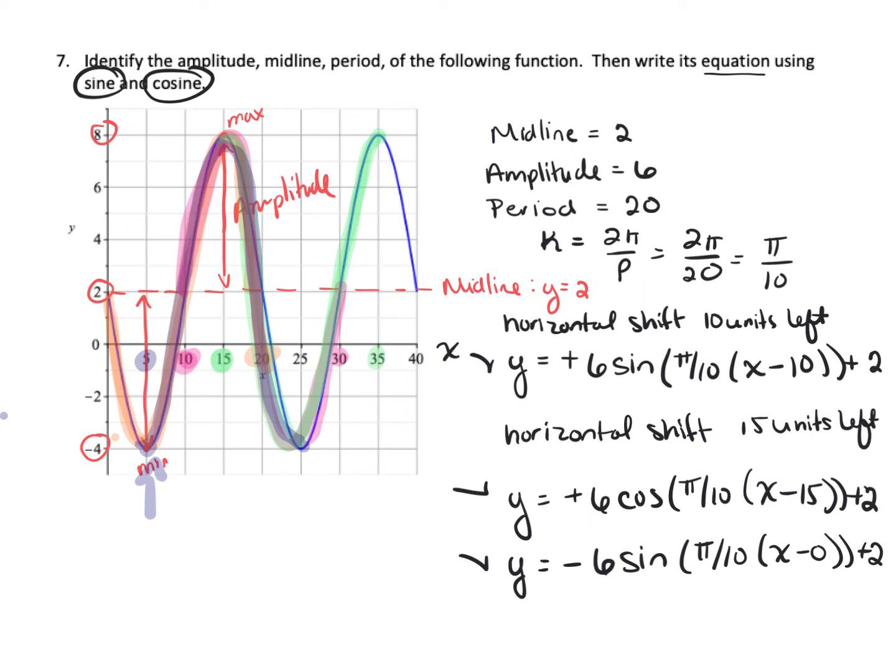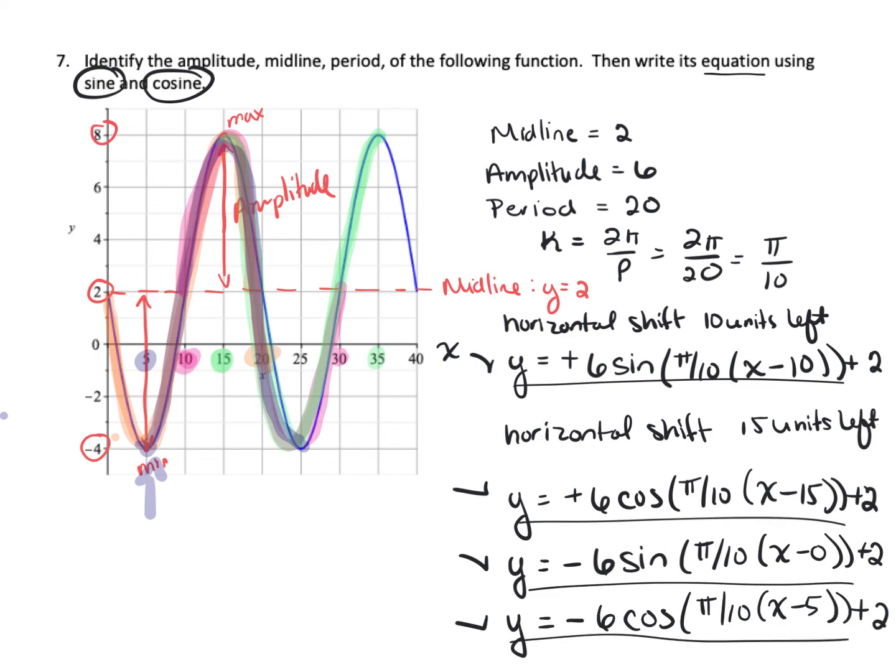That takes all of my x units and shifts it 5 units to the left. I know on the graph it looks like it's moving it to the right, but in the equation we always write the minus sign to indicate that it's to the left. And so the negative cosine function would be negative 6 cosine pi over 10 times x minus 5, plus 2. So you can write either a positive or a negative sine or cosine function, and if you put all 4 of these equations into your calculator, it will graph the same function.